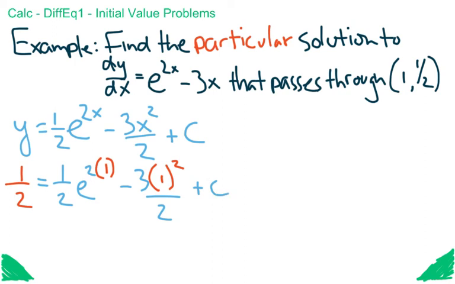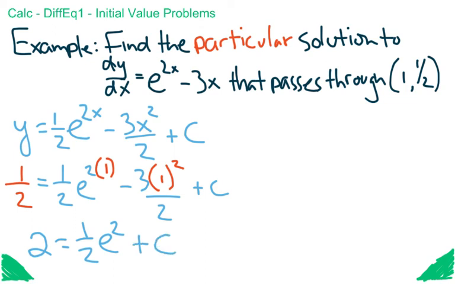So 1/2 equals 1/2 e to the 2 minus 3 over 2 plus c. All right, let's take one more step and simplify here. What I notice here is I have this negative 3/2 on the right side of the equation. I'm going to add that to both sides. So 3/2 plus 1/2 is 4/2, which is 2. And then I still have my 1/2 e to the 2 on the right side plus a c value.